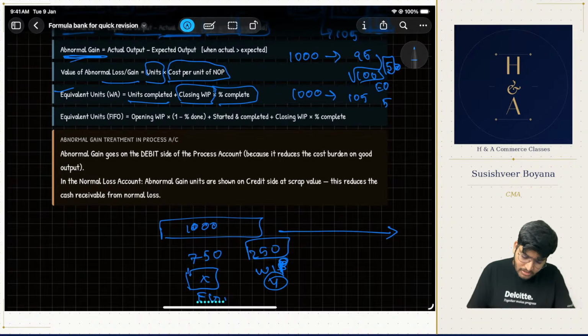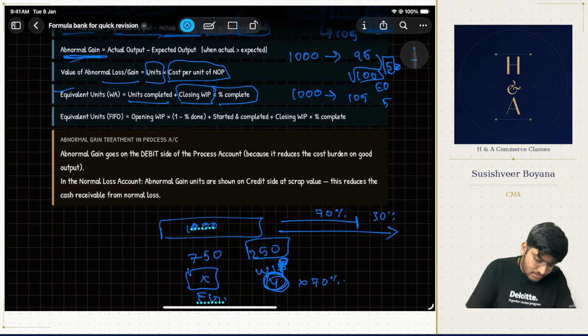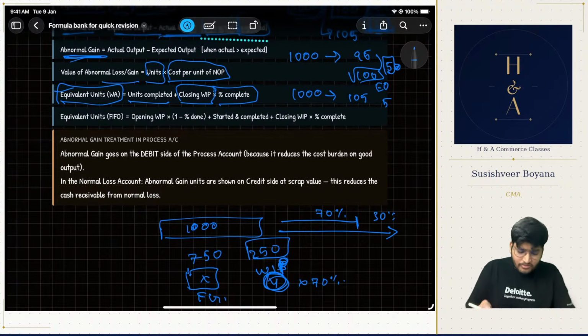For example, these 250 are done with 70% completion. They're only left with 30%. I should also add the value Y into 70% when calculating total equivalent value.